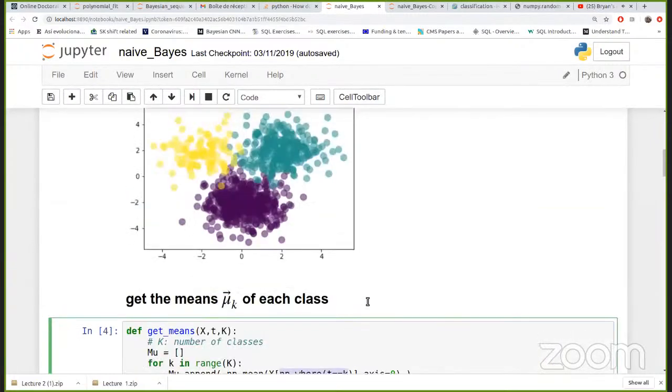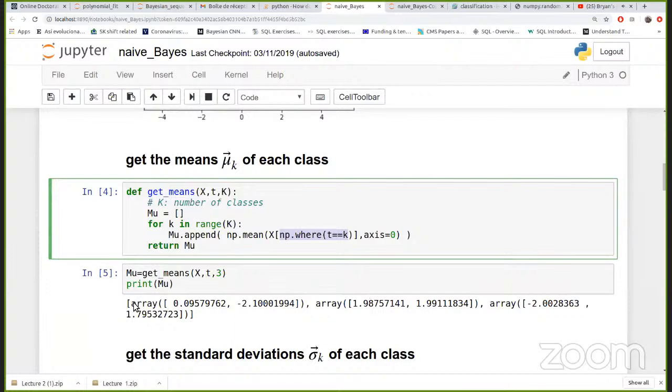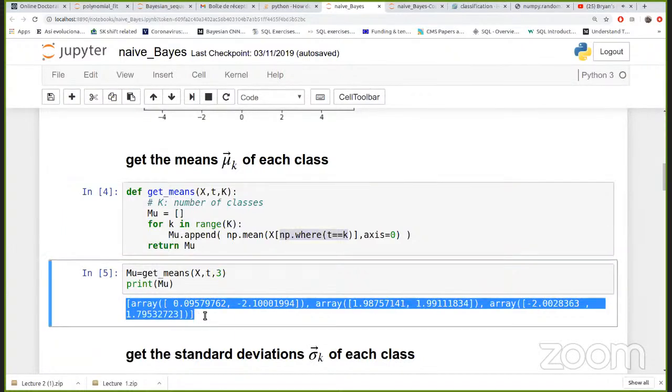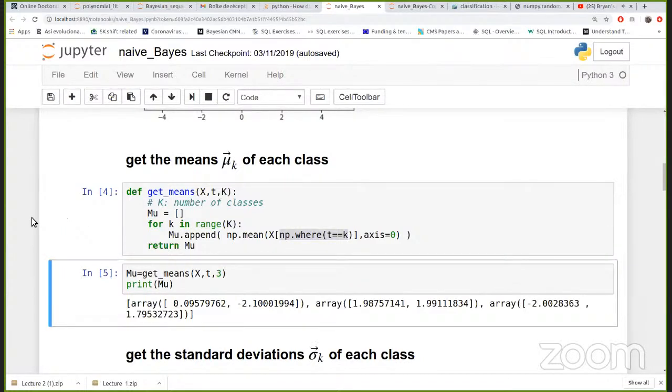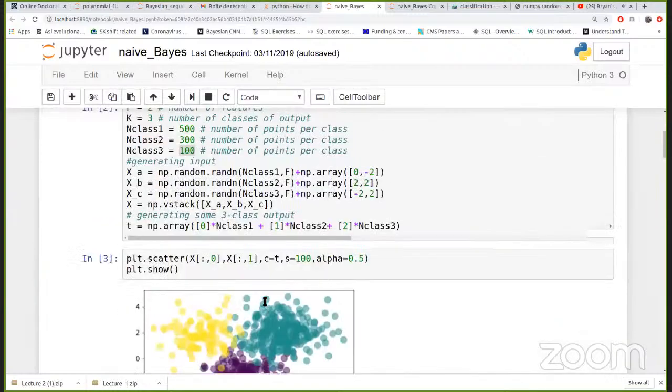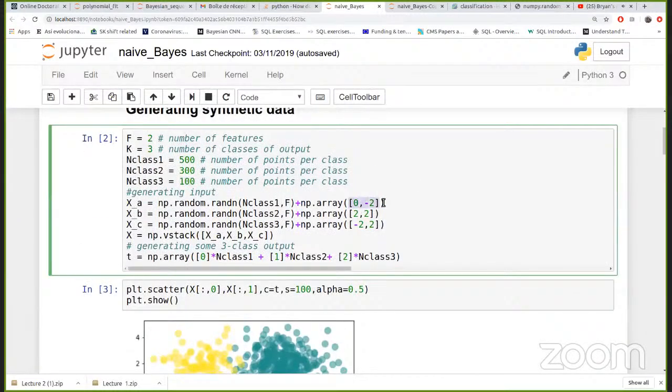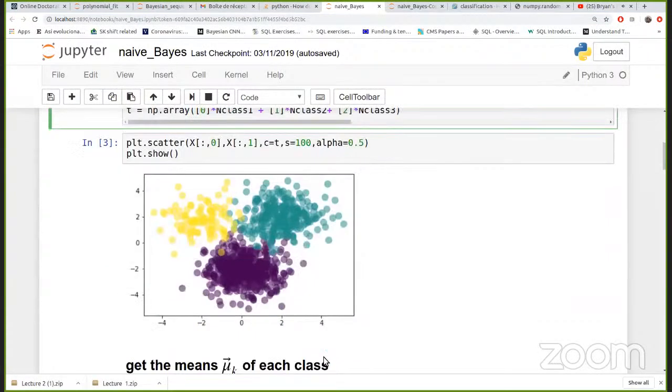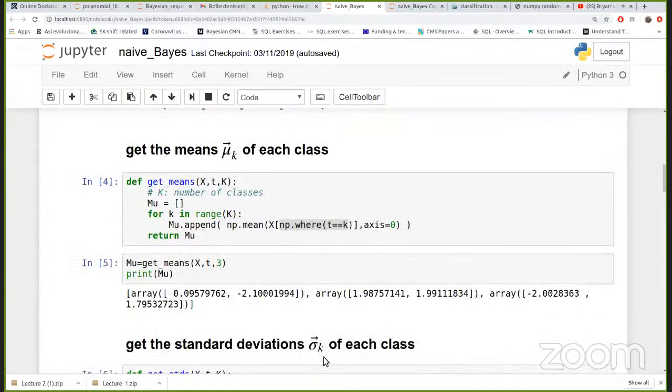When I do this for this data set, I obtain this. Note that for the first class, I obtained something similar to 0 and -2, which is exactly the case: the Gaussian I used for generating this data is close to this one.